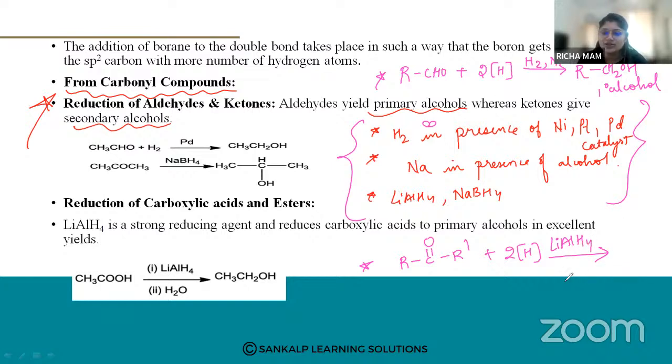So what I'm going to get is CHOH with R dash. This is a secondary alcohol. So if I take a ketone and do reduction, I'll get a secondary alcohol. Is it clear?